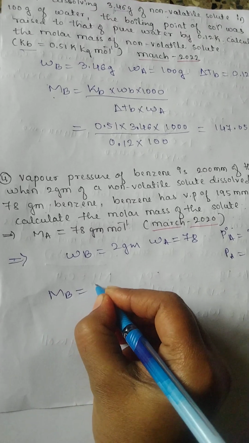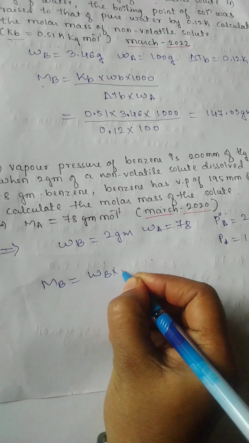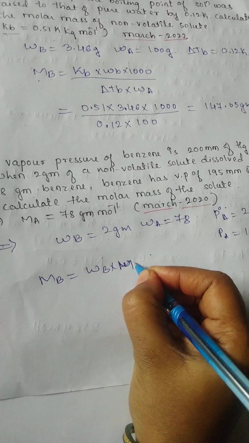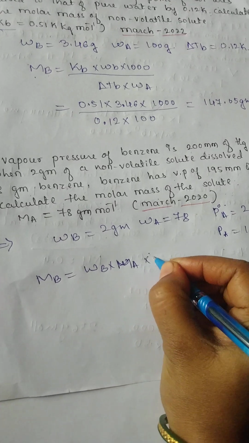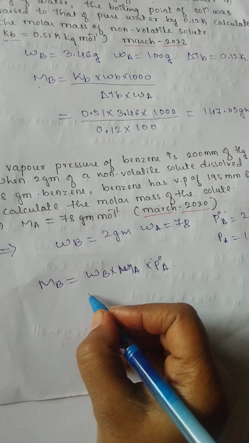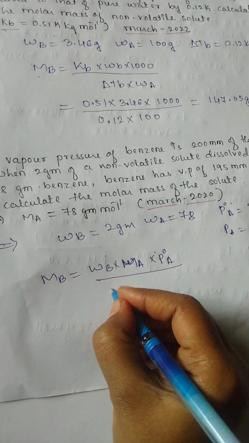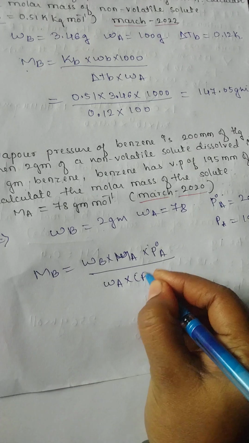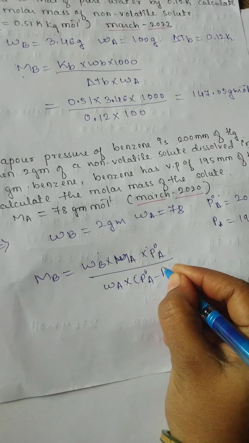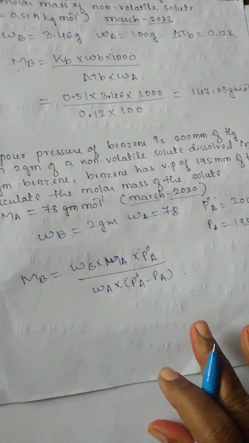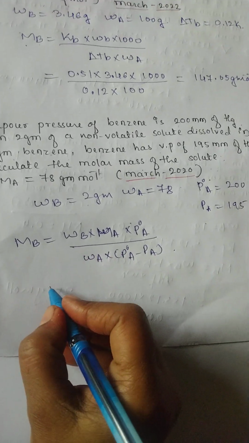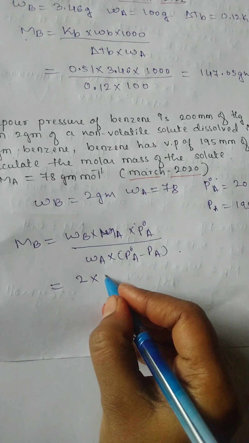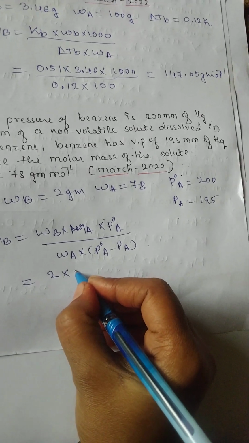Okay, so write the formula. MB is equal to WB into MA into P naught A divided by WA into P naught A minus PA. Okay, substitute all the values here. WB is 2 into MA.